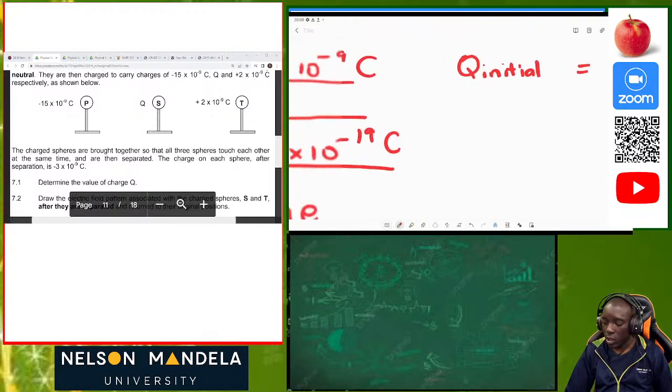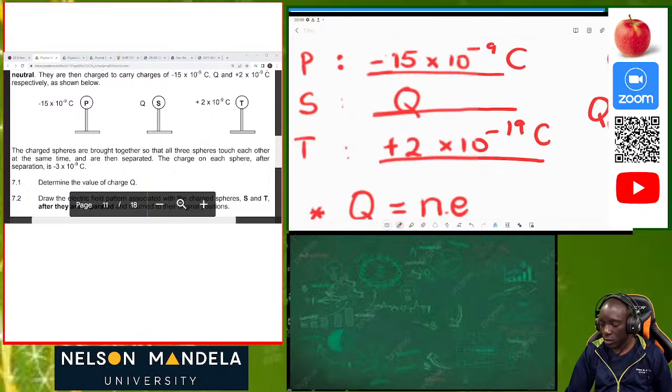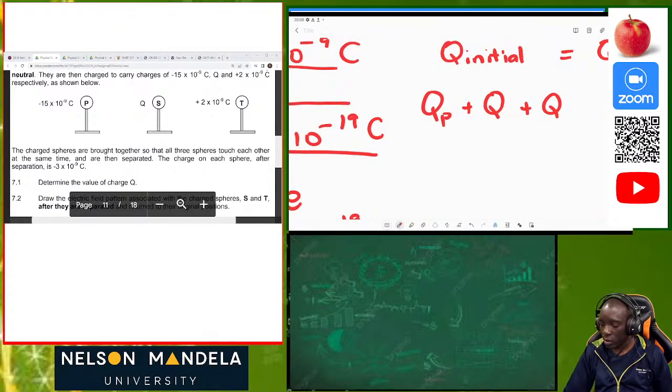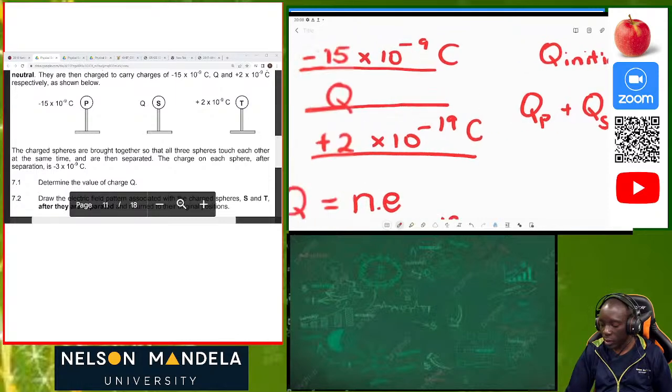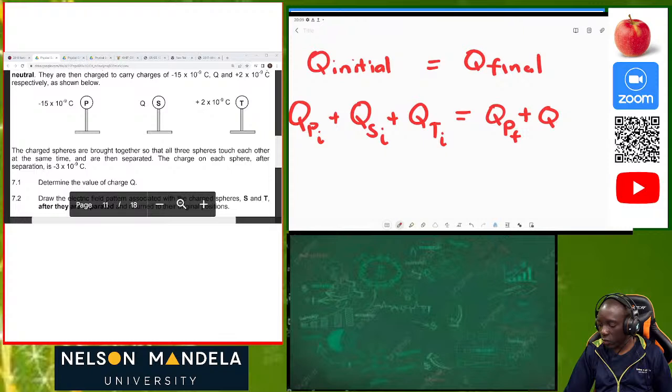And for Q initial, we add the charge of P plus the charge of S plus the charge of T, P, S, and T. This is initial, and should be equal to the charge for P final plus the charge for S final plus the charge for T final after contact.